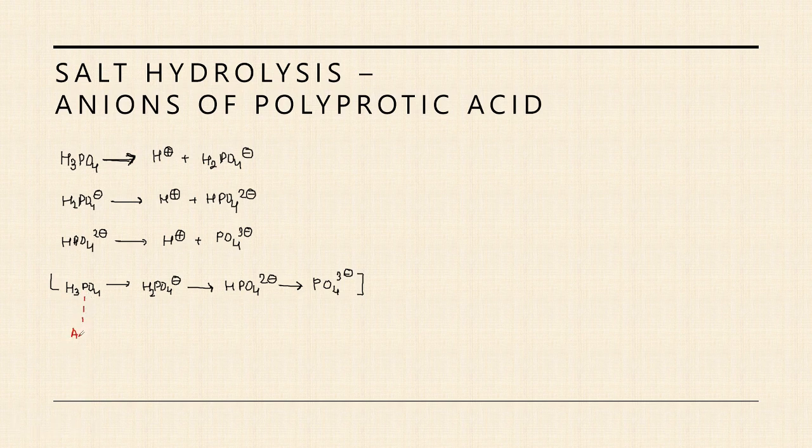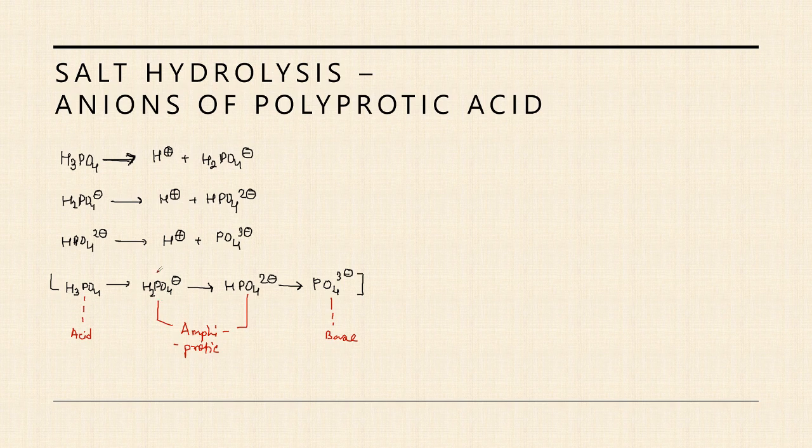Now it is important to know that in this whole sequence, H3PO4 is the acid because it is only producing H plus. It is not taking up H plus, and PO4 3 minus is a base. These two species, H2PO4 minus and HPO4 2 minus, are amphiprotic. Why are they amphiprotic?